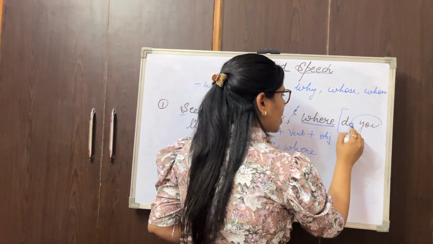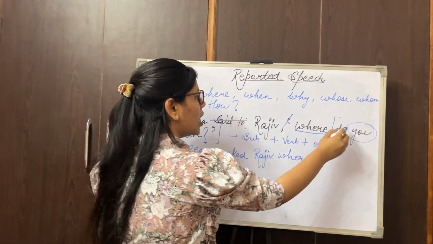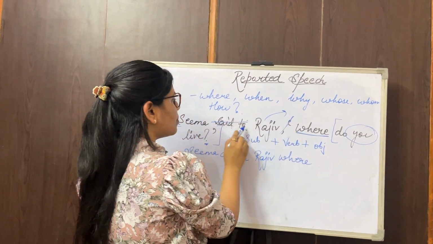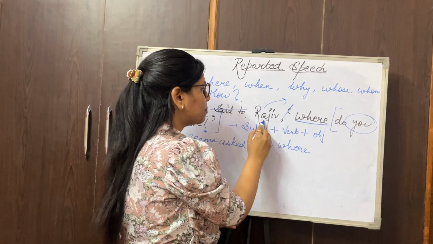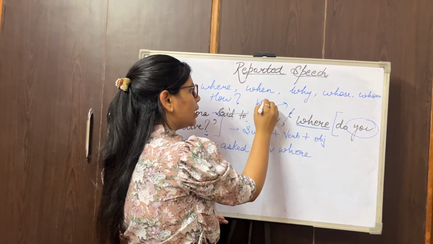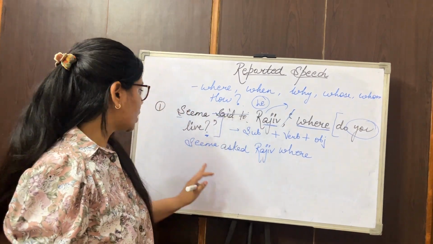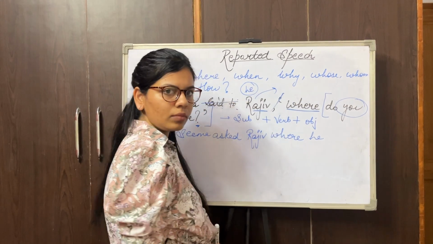It's you. Who is you here? Rajiv. Why? Because Seema is asking Rajiv, कि तुम कहाँ जा रहे हो? राजीव से पूछ रही है. Rajiv is you, and because Rajiv is a boy, we will use the pronoun he. So Seema asked Rajiv where he.